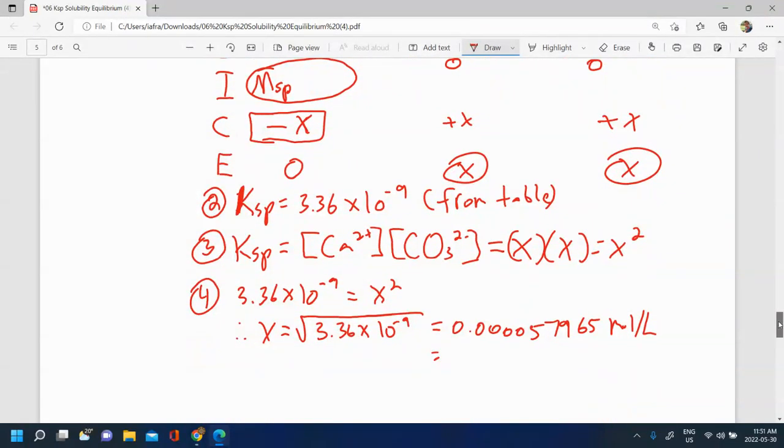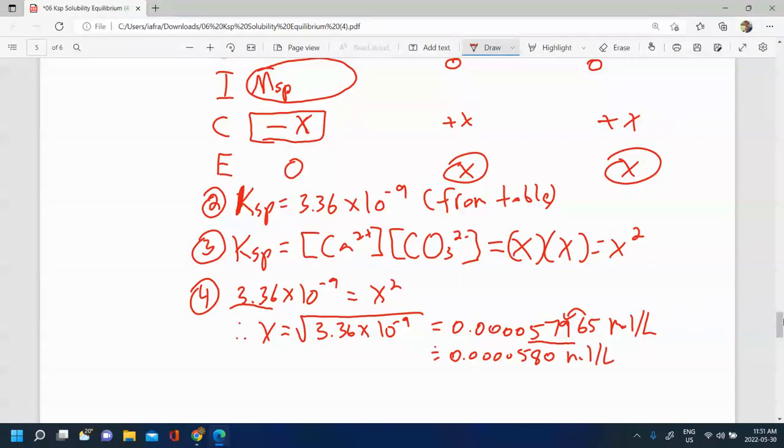So because we're using our Ksp, we're going to go with the sig figs of Ksp. So about 3 sig figs from the 3.36 from our table. So we'll get about 0.0000580 because we want 3 sig figs.